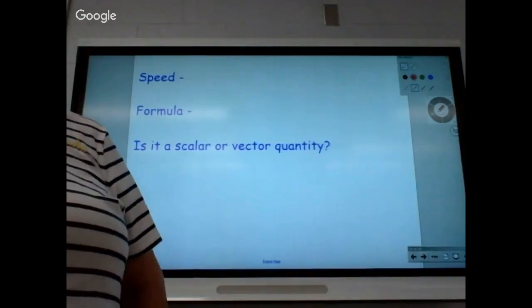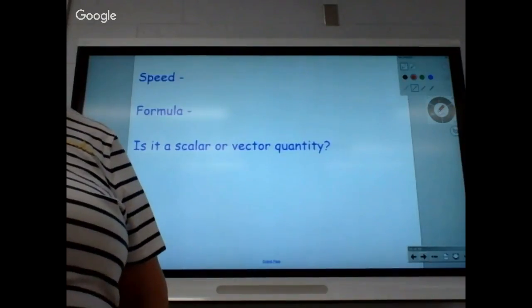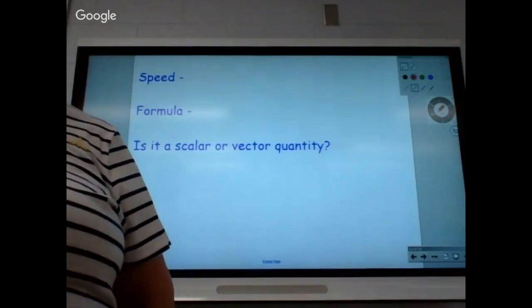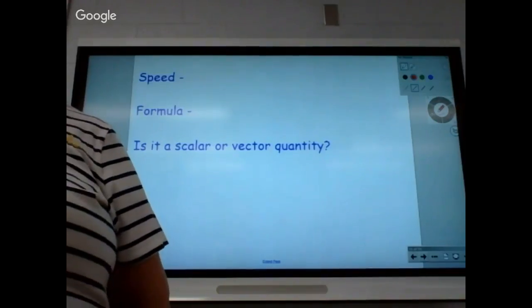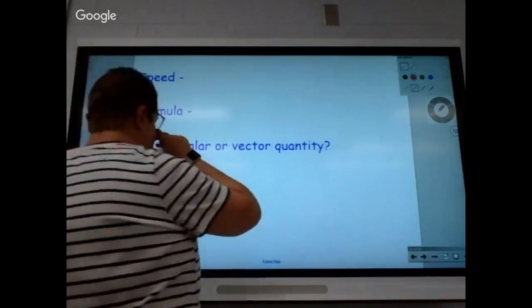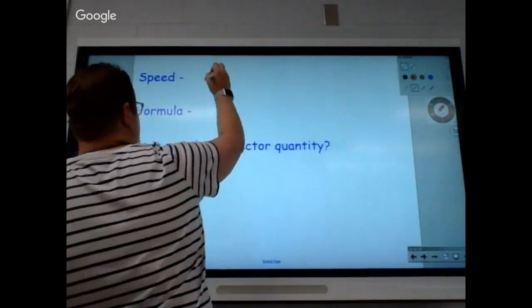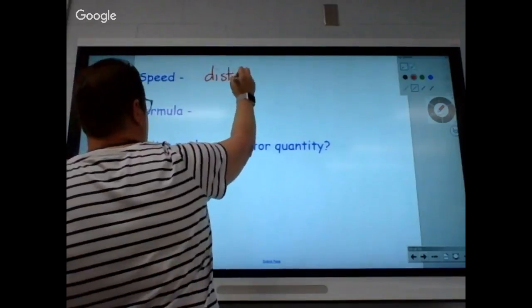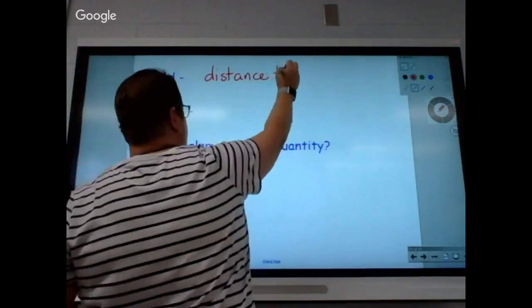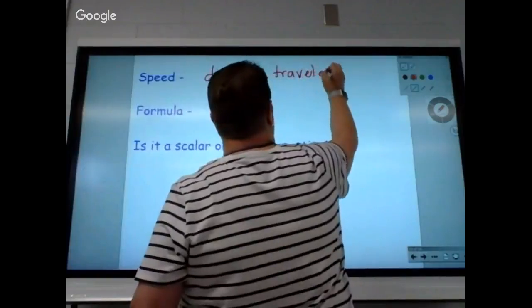You got to have what? Nope, that's another one. Velocity and acceleration are going to be vectors. We're going to learn to calculate those. Distance and time. Okay? So speed is basically defined as distance traveled over time.